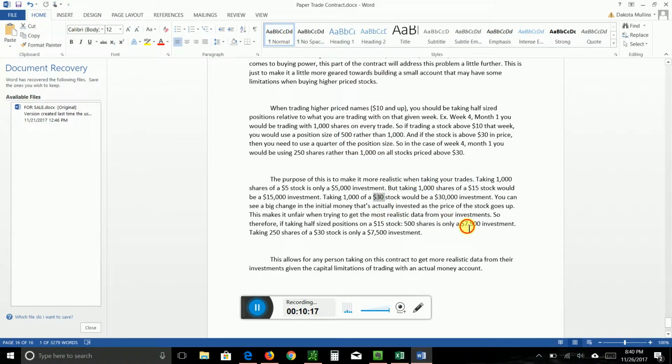That's only a $7,500 investment rather than a $30,000 investment. That's a big difference there, and that just makes it more realistic.